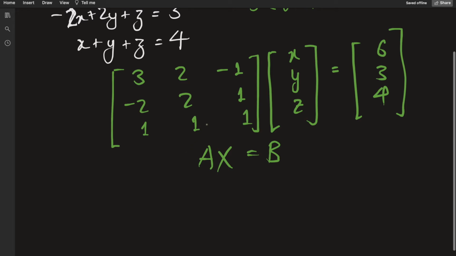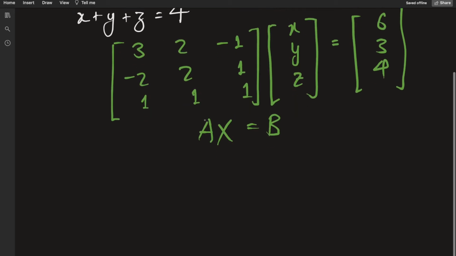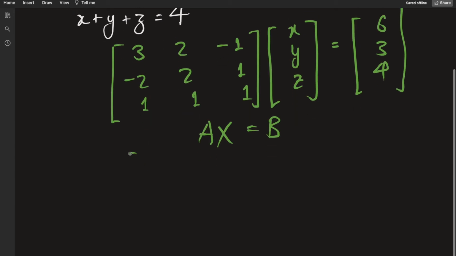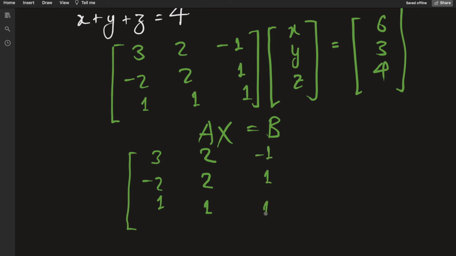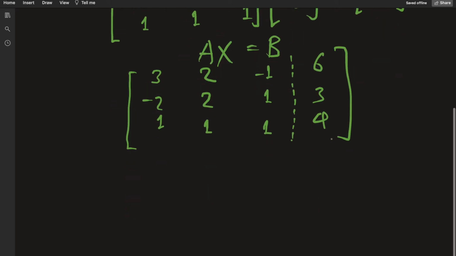Now we need to solve this. For solving this, we need to consider an augmented matrix, which is 3, negative 2, 1, 2, 2, 1, negative 1, 1, 1, then have a dotted line, and then write this as a column over here, 6, 3, 4. This will help us in solving the system of equations. Why?